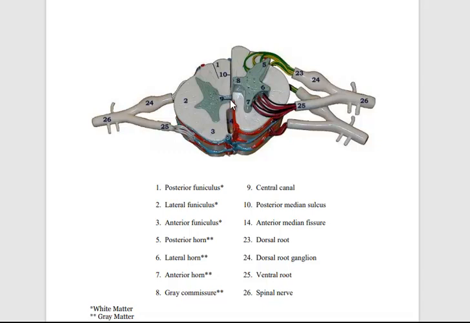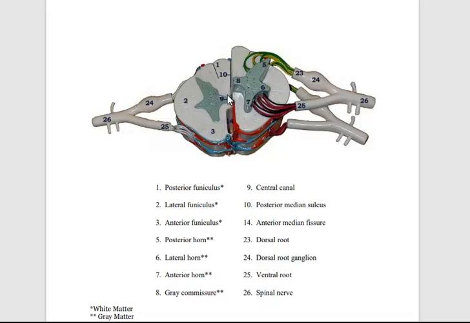Number 9 is not so obvious, but it's the central canal. It would be nice if there was actually a hole there, so you could see that it is indeed a canal. But in this particular model, because of the angle the picture's taken, you don't see the hole right there.